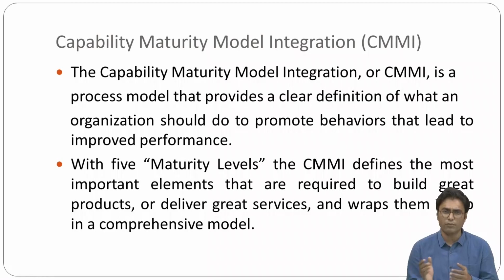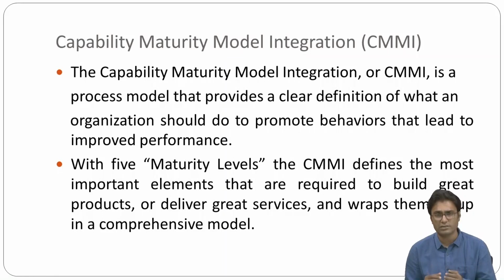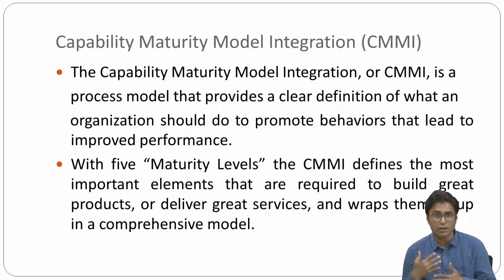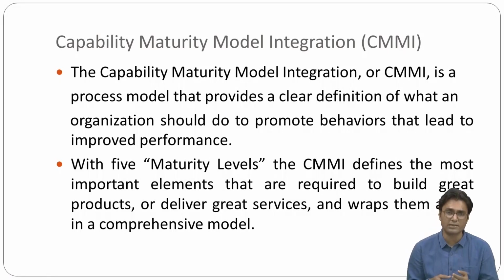So with 5 maturity levels, the CMMI defines the most important elements that are required to build great products or deliver great services, and wraps them all up in a comprehensive model, we can say.